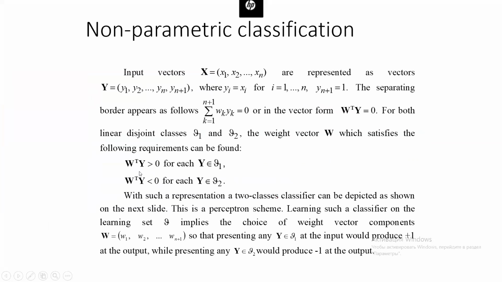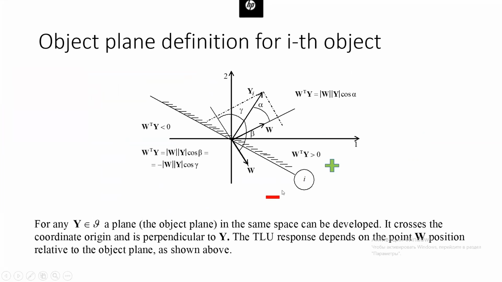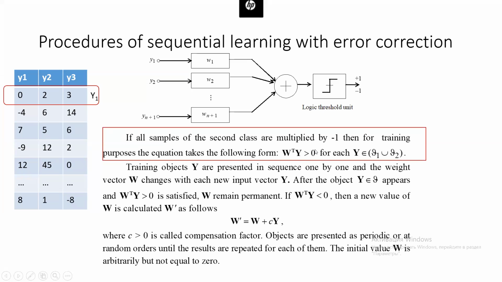In this case we have two equations, but if you multiply all elements from class 2 by minus 1, we will transform our equation into this form.